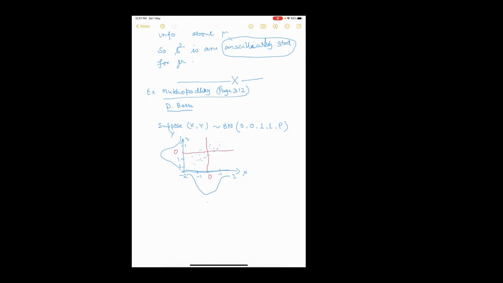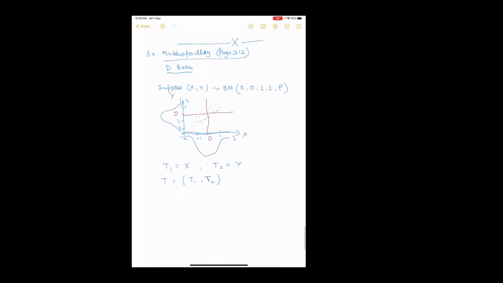Now I can say that T1 is my X and T2 is my Y. So my T is basically T1 comma T2. I can say that T is a sufficient statistic for rho. The only parameter I have in this distribution is rho.